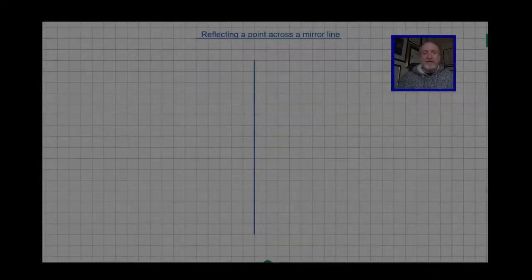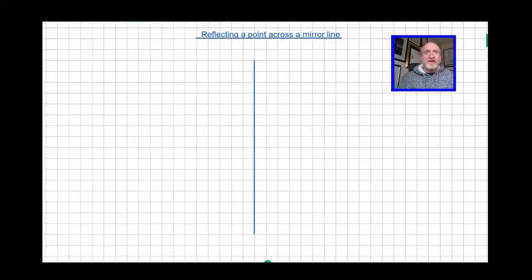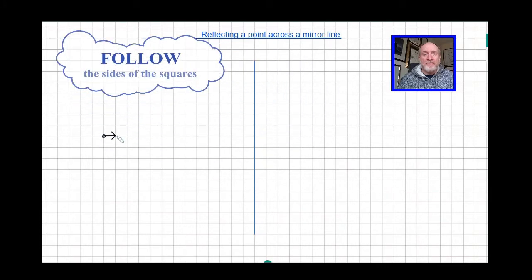So in reflecting a point across a mirror line, let's just go back to that translation idea and have a look and see what it actually means. If I've got a point on my graph and I'm asked to translate it, then I'll talk about translating things left or right or up or down. As an example, if I was going to translate this 3 right, I would go 1, 2, and 3 right.